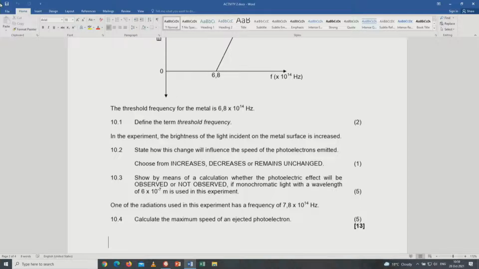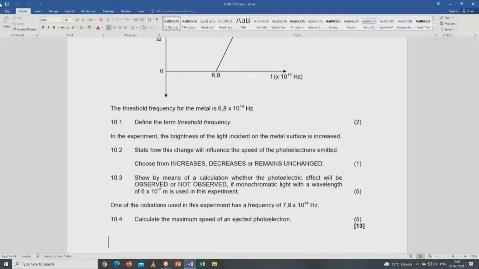Plus, we are not looking for kinetic energy, but we are looking for the maximum speed of the photoelectron ejected. Because we want the speed, this maximum kinetic energy will have to be expressed in terms of the speed. So we'll have half m v max squared.